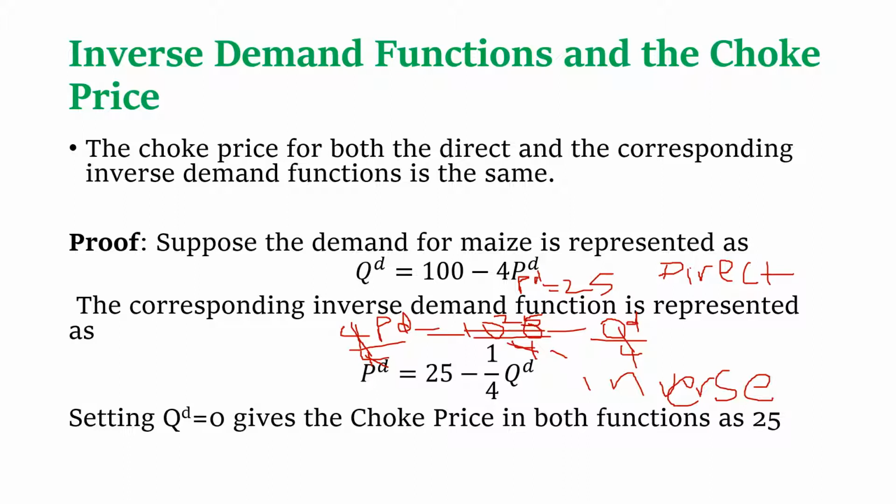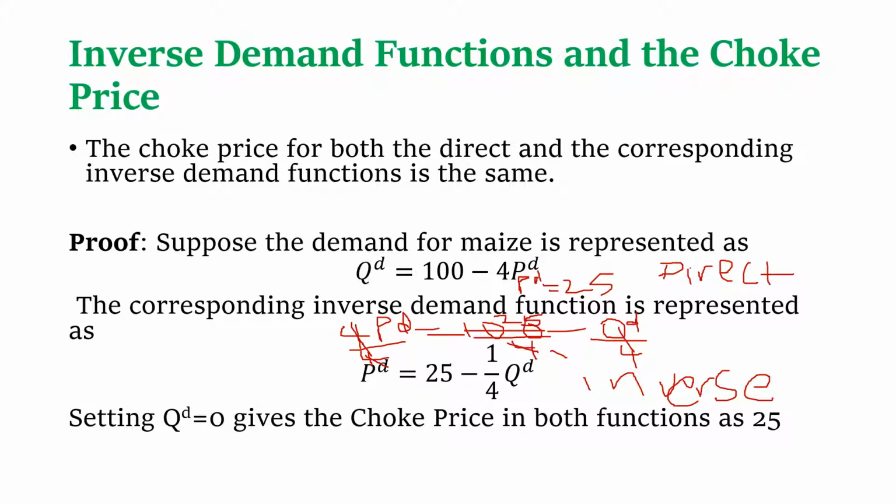Now, for this one, what is the choke price here? It's also simple. You set QD to 0, right? So, of course, this one is very simple now. If you set QD equals to 0, then this second term, 1 over 4 QD, collapses because 1 over 4 multiplied by 0, or 0 multiplied by anything, is 0.